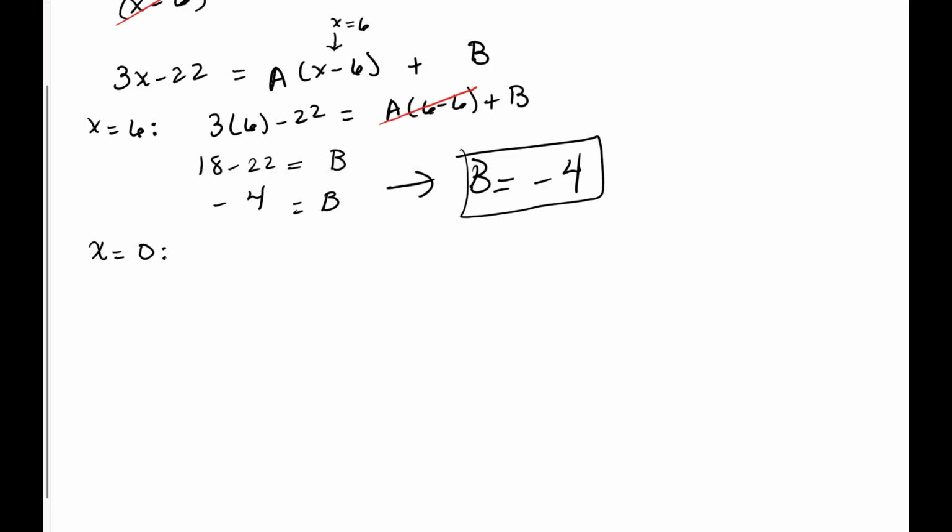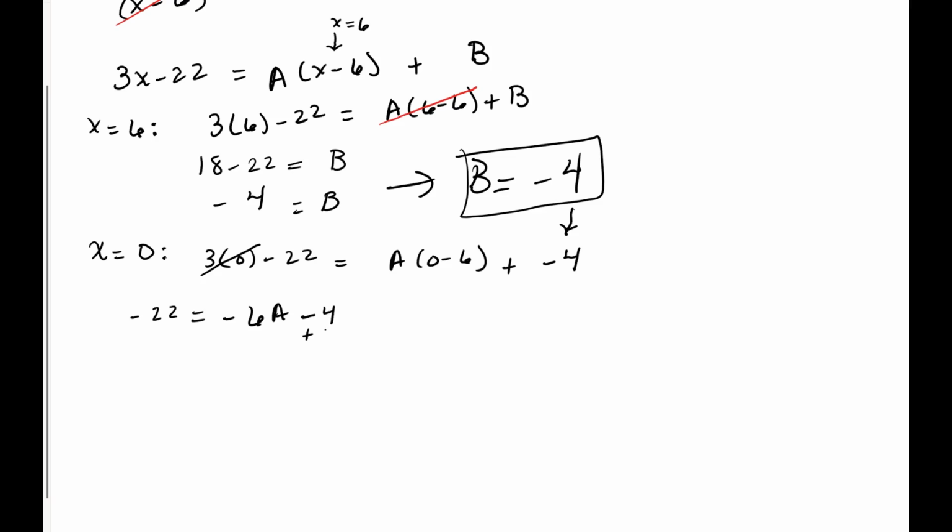So we go with x equals 0, and we're going to end up with 3 times 0 minus 22 equals A times 0 minus 6 plus, in this case, negative 4, since we found from the previous step that B was negative 4. The 3 times 0 cancels. We're left with negative 22 equals negative 6A, because 0 minus 6 is negative 6, minus 4.